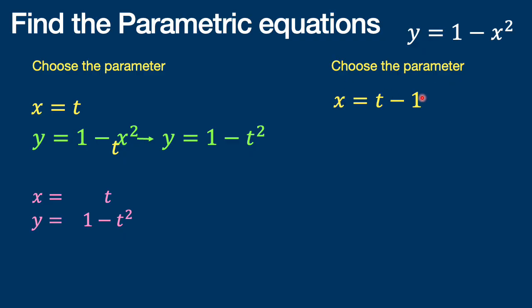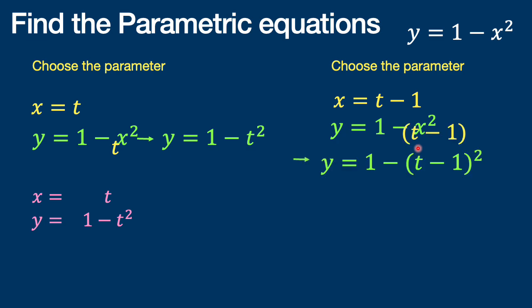You might think about x equal t plus 1, x equal 2t, whatever you pick, it depends on the question. So if x equal t minus 1, y is going to be 1 minus the square of x, which is t minus 1, so you have y equal 1 minus (t minus 1) squared.